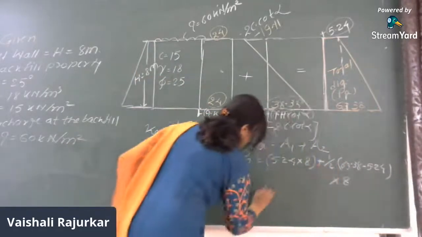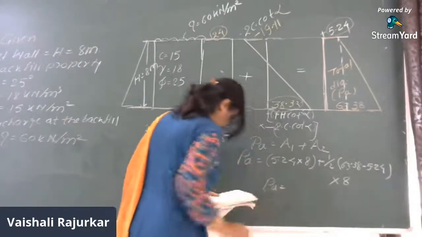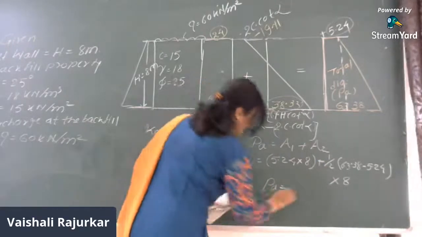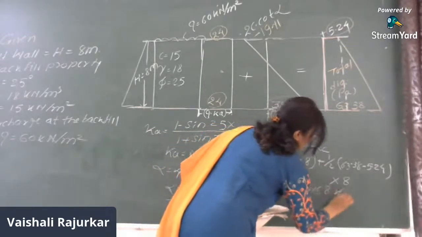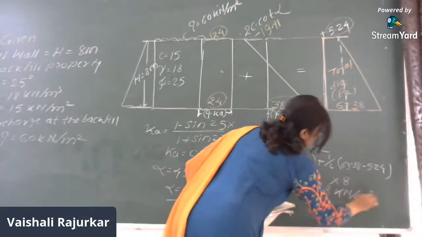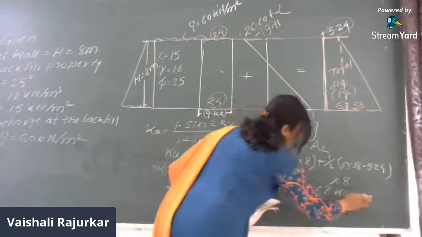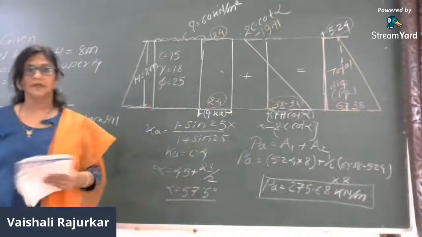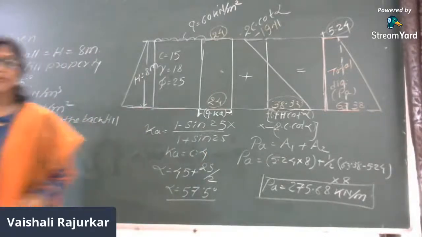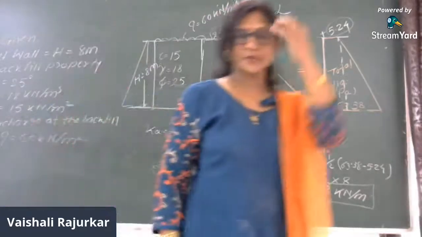So here this PA is found to be 275.68 kilonewton per meter run. So this is the total PA, that is the area of the positive pressure distribution diagram.